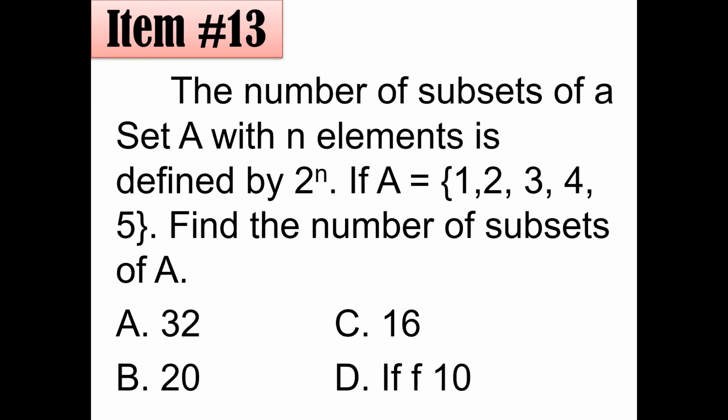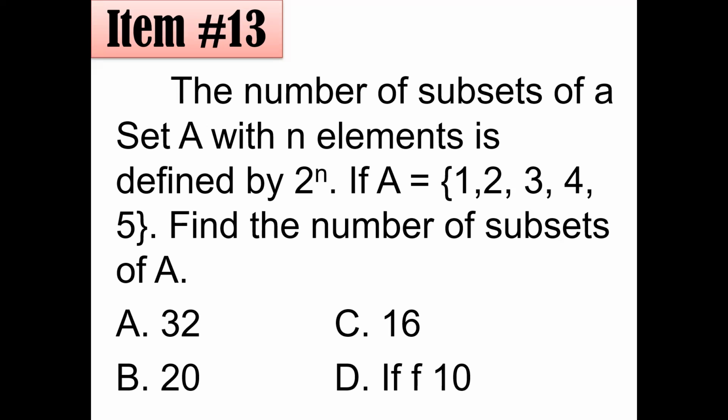13. The number of subsets of set A with n elements is defined by 2 raised to n. If A is a set containing 1, 2, 3, 4, 5, find the number of subsets of A. Did you go for 32,000, 20,000, 16, or 10? What do you think po? Ano po yung n natin dito? Okay, A daw.